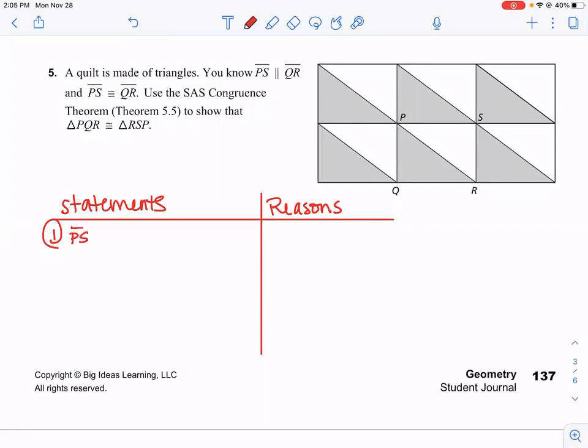We know that PS is parallel to QR and that PS is congruent to QR. So PS and QR are congruent and they're parallel. Go ahead and write the first reason and statement there.